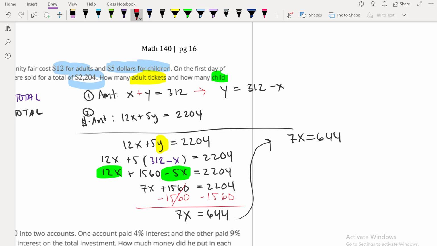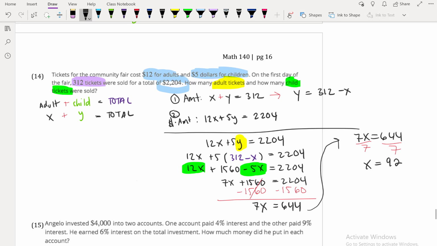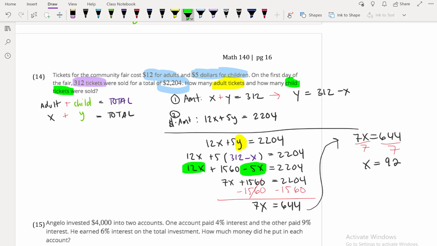So to get the x by itself, I have to divide both sides by 7. So 644 divided by 7 gives me 92. Remember, x represented the adult tickets. So here I have 92 adult tickets.